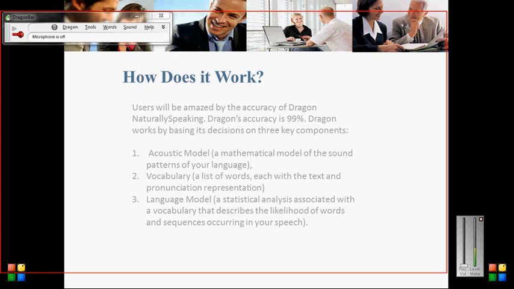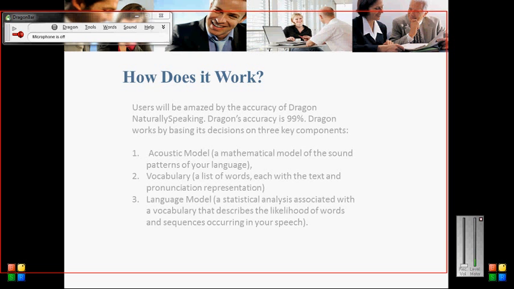Now, Dragon's accuracy is about 99%, and Dragon works by basing its decisions on three key components. The first one is the acoustic model. It's a mathematical model of the sound patterns of your language. The second one is vocabulary. It's a list of words, each with a text and pronunciation representation. And the third one is the language model.